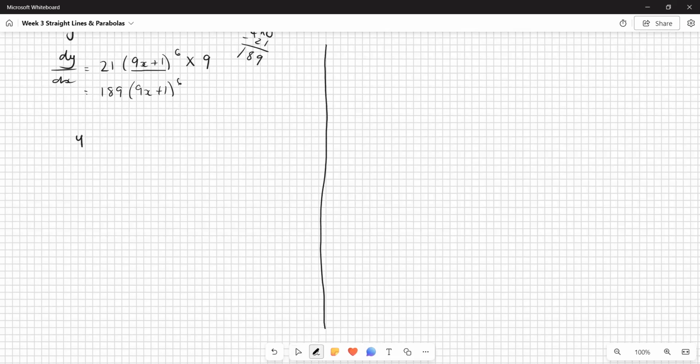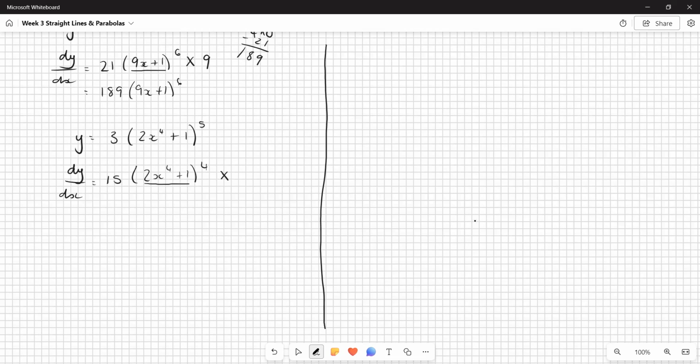So what if the question was 3 times 2x to the power of 4 plus 1, to the power of 5? Same logic, the derivative is 5 times 3, so 15 times the bracket to the power of 4. So part 1 is always just pretending it's an x, but it's not an x, so now we multiply by the derivative of our pretend x.